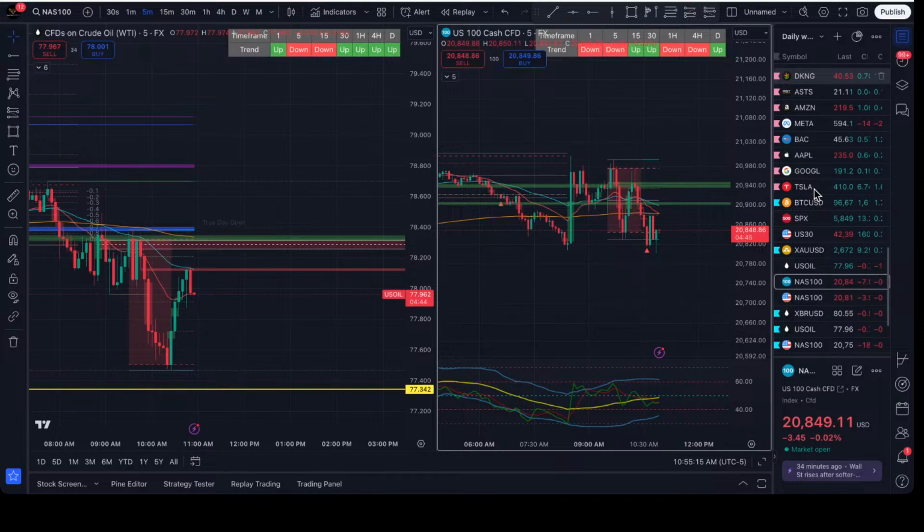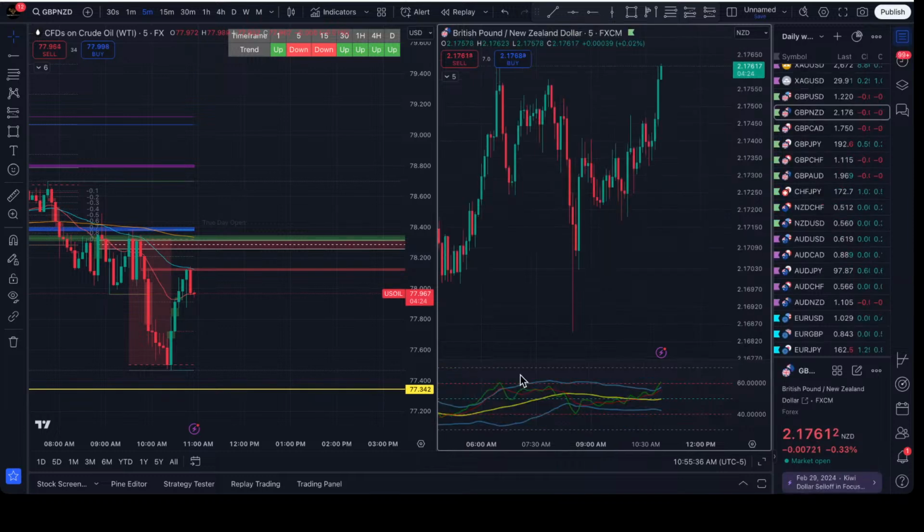GBP, NZD. Got a bullish confirmation. Close to the 238. There's Asia.